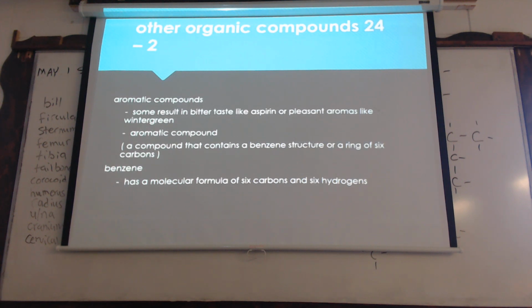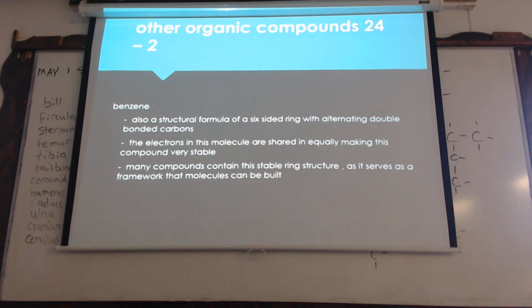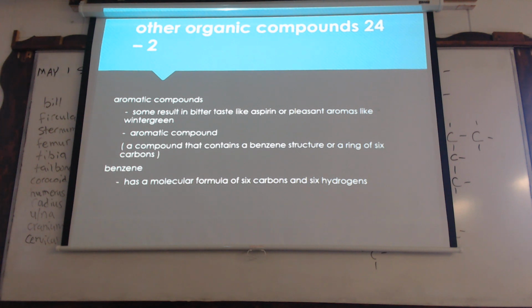So we want to talk a little bit about these aromatic compounds, and then just a couple slides, and then we're going to go through what you had observed up on the board. Usually when we talk about aromatic compounds, it's something that gives off a specific aroma. And sometimes if it's something that includes benzene and benzene only, that's not good.